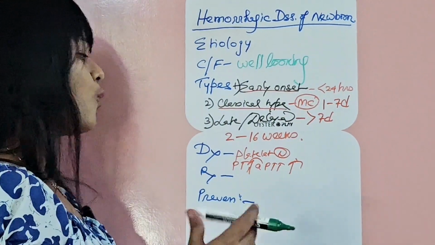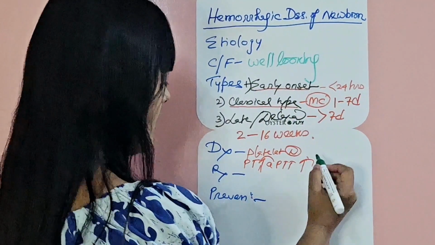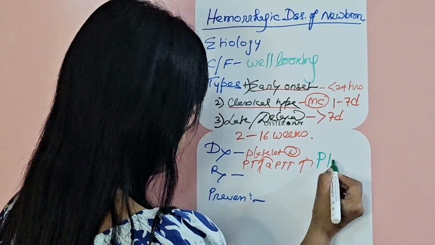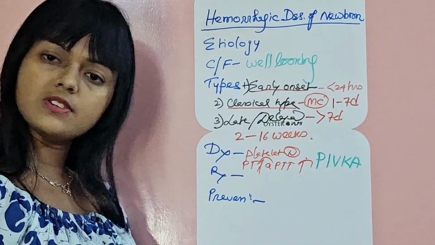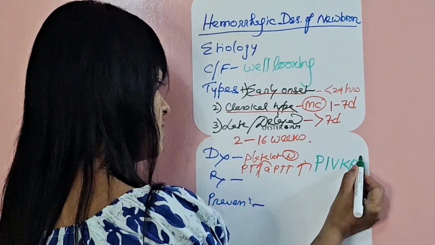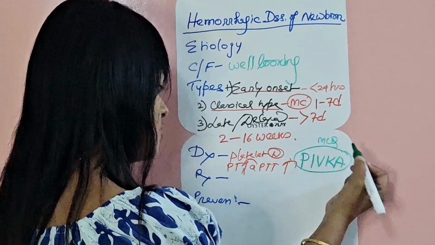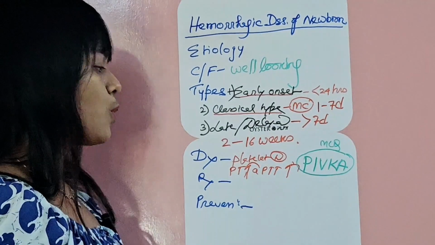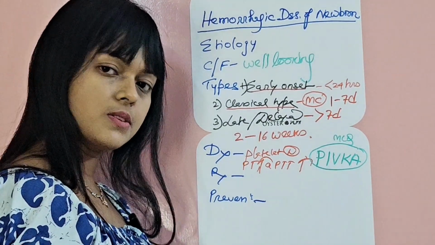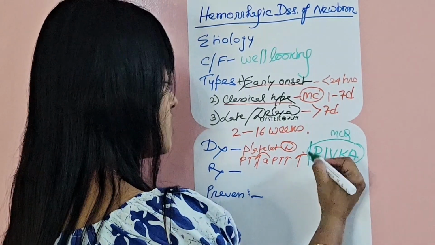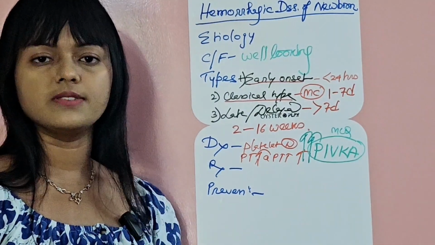No. So what is the proxy to vitamin K measurement? That is PIVKA. So what is PIVKA? Very important from MCQ point of view as well. Protein induced by vitamin K absence. This is going to be elevated in vitamin K deficiency.